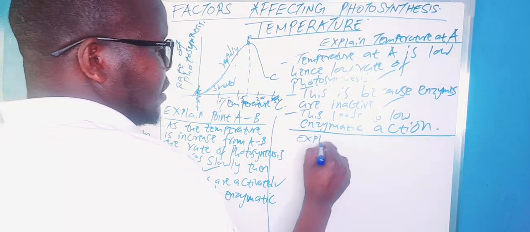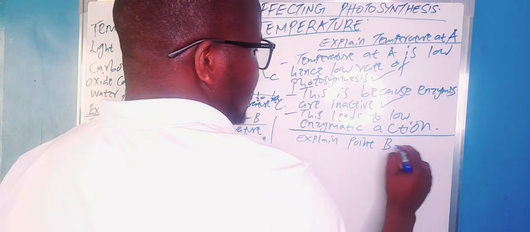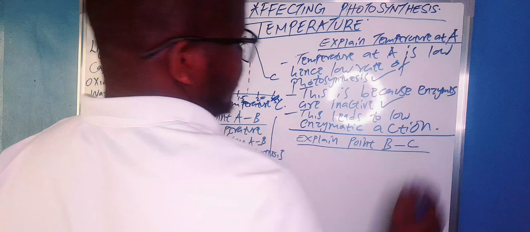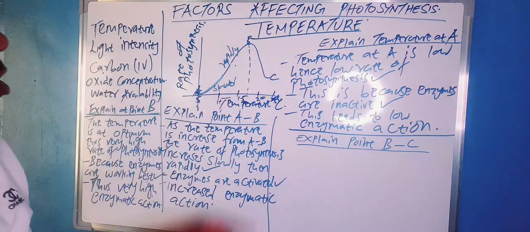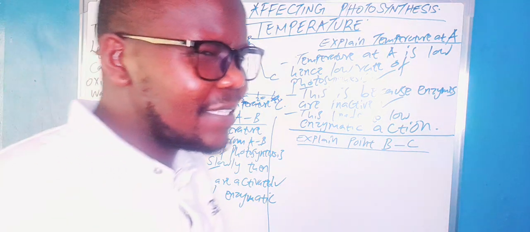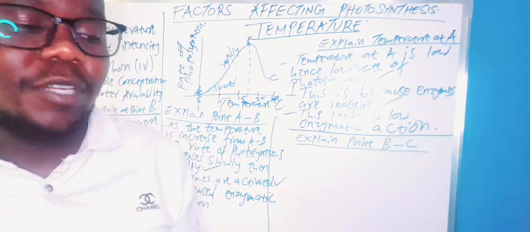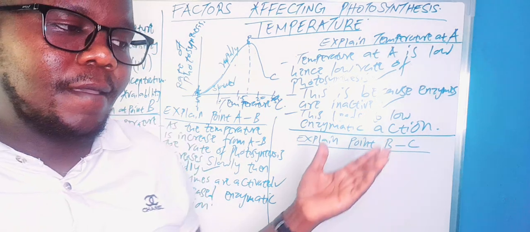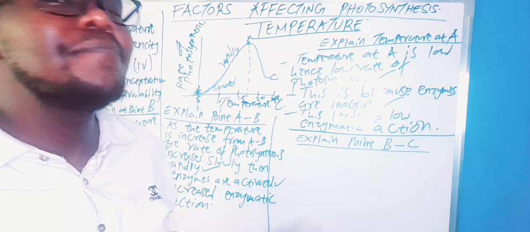Still explaining what? From point B to C. That is the last point, and you can check there is a decrease. So it's a further increase in temperature above optimum. Some students will be saying the temperature is very high.